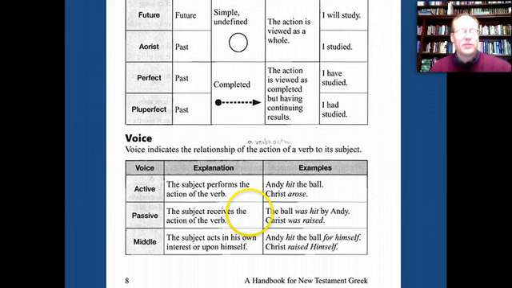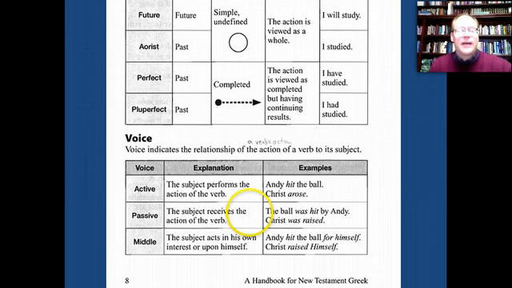So the examples here, the ball was hit by Andy. The ball didn't hit Andy, the ball was hit. It received the action of hitting, and Andy was doing that action. Christ was raised. Christ didn't do the raising, at least in this sentence. Christ was being raised, we could say, by the glory of the Father.